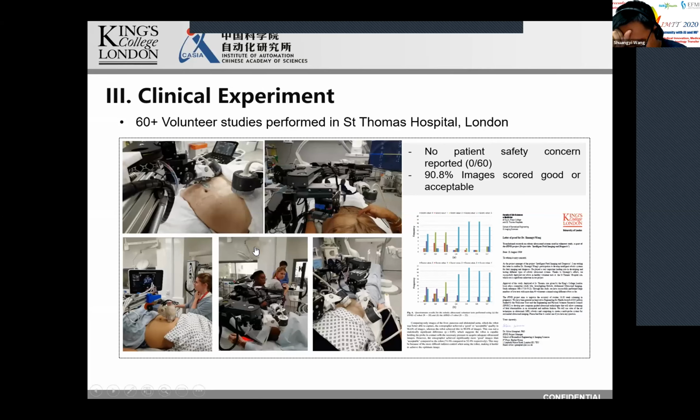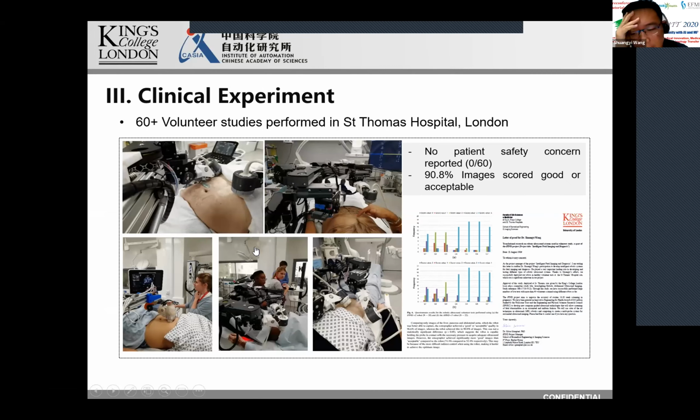It probably doesn't do better than the most experienced sonographer, but it's very likely that it can reach a level that's above average, which is our initial aim, to standardize ultrasound acquisition in a more uniform way.